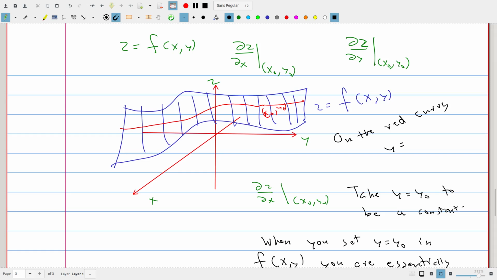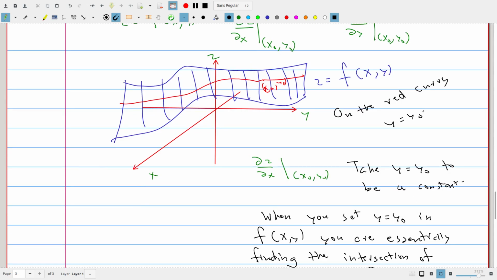Now, what is varying? X is varying, while y is taken to be constant, equal to y naught. So dz over dx gives you the gradient of the tangent to this curve.